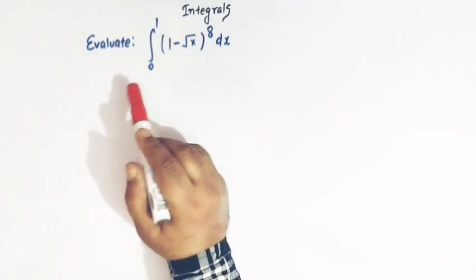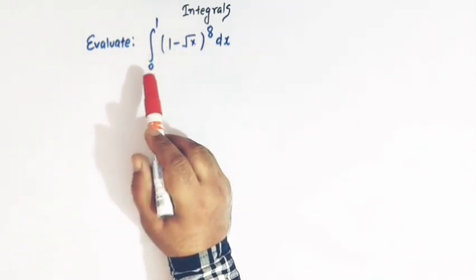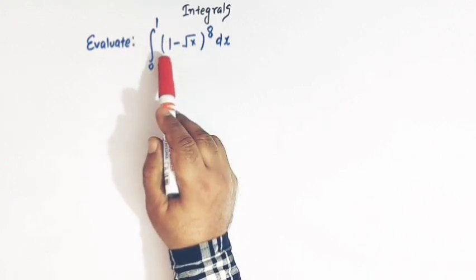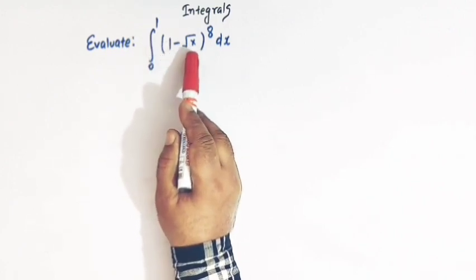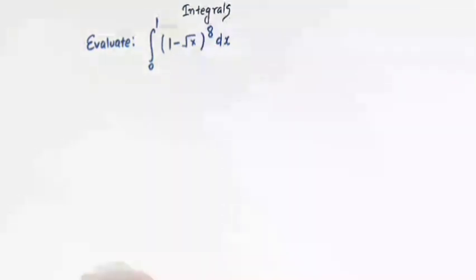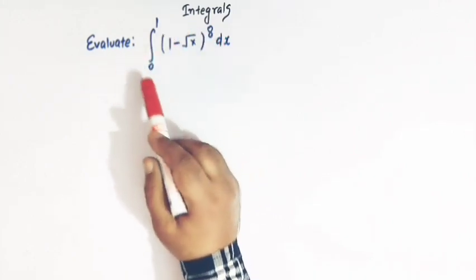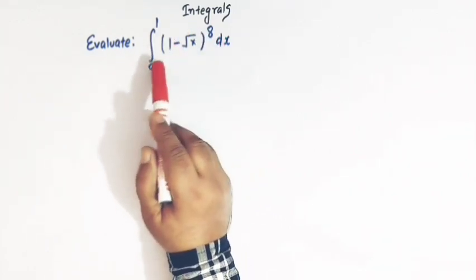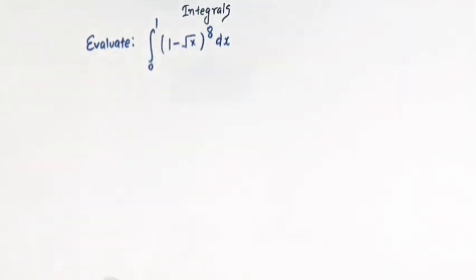Here we have to solve this integral from 0 to 1, and the integrand is 1 minus square root of x, raised to 8. In this lecture we'll see a beautiful application of beta function to evaluate this type of integral. So let us start.